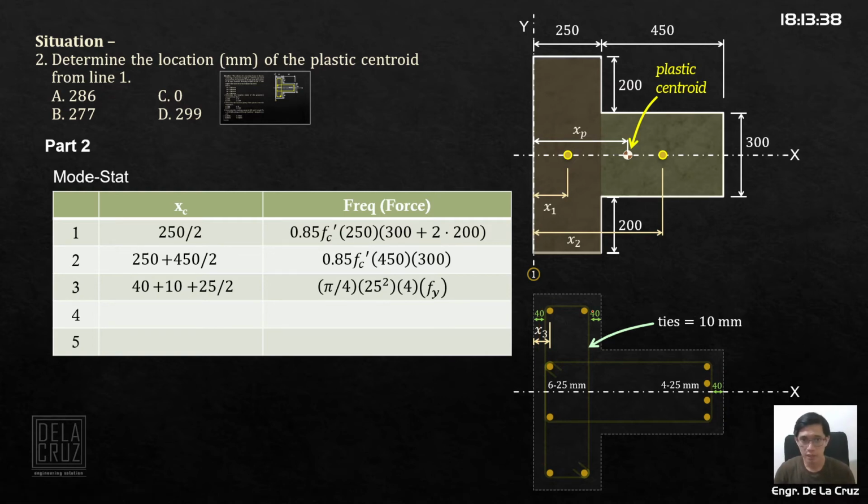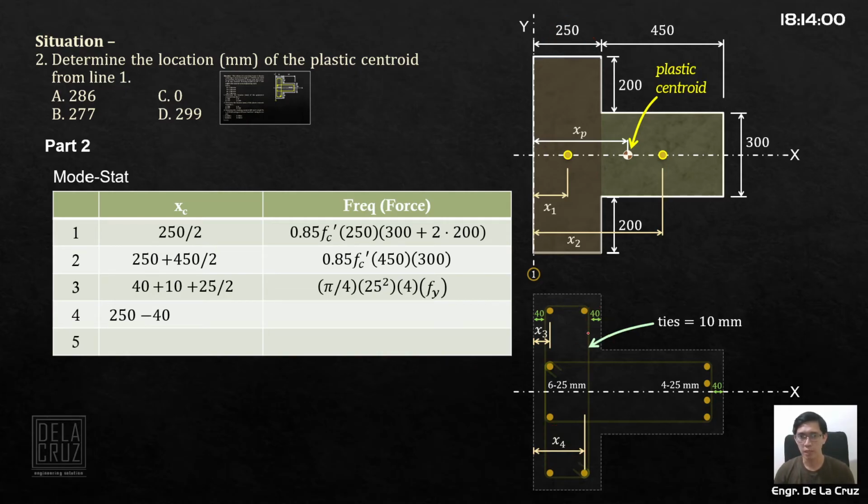Ito naman, ito of course mag-contribute din yan sa force. Tawagin ko siyang x sub 4 yung location from line 1. So, kailangan ulit natin yung x na yan. Ang gagawin ko, yung x sub 4, that is 250. Then, atras tayo ng 40 mm, kasi dapat to the centroid ng bar na ito.